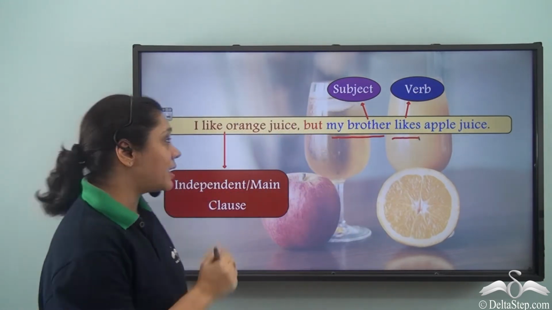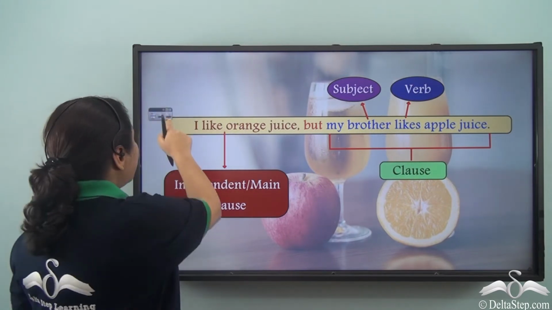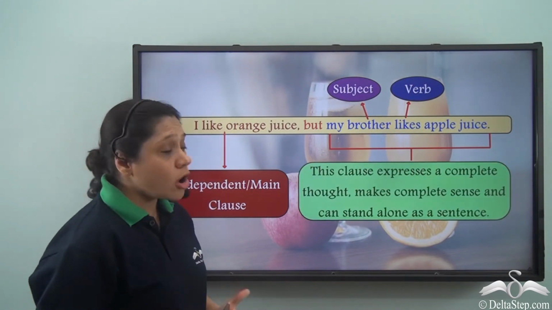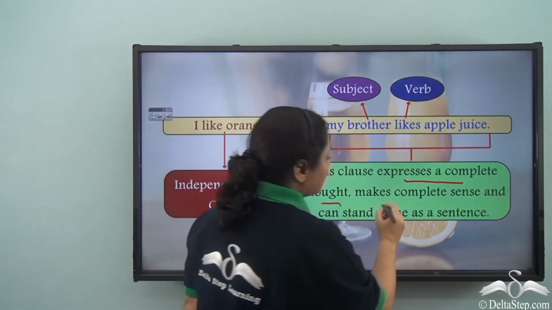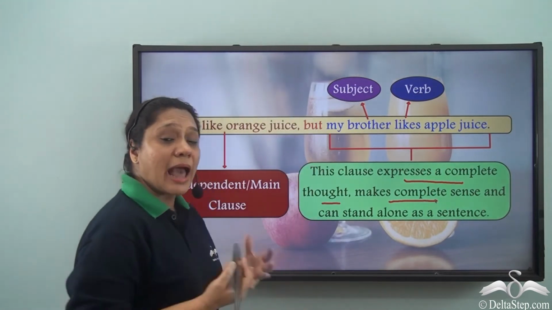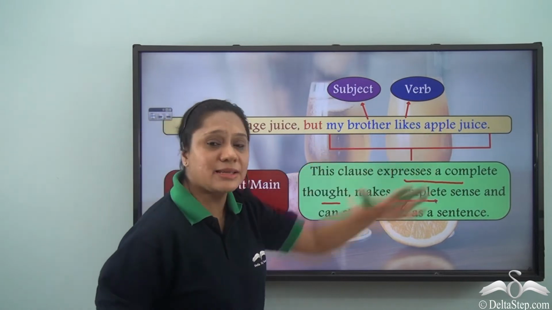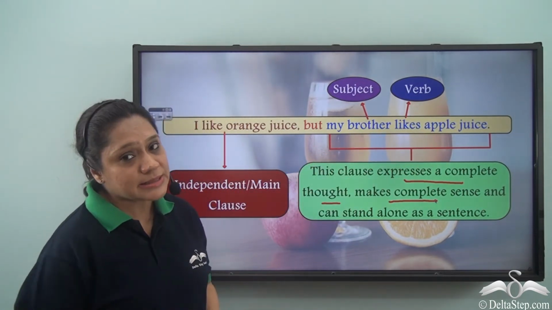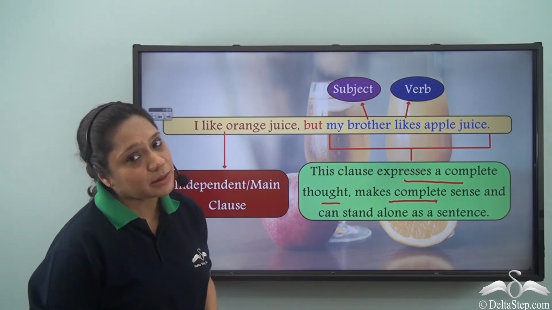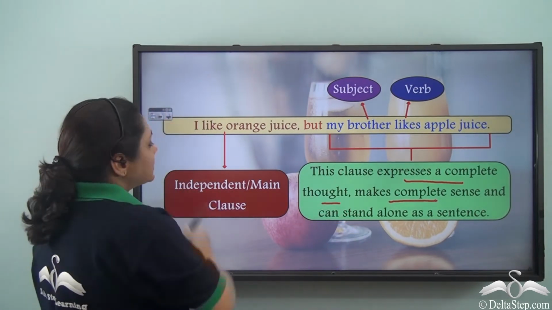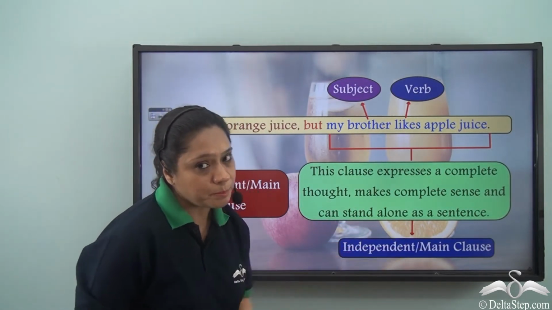So this group of words is also a clause, and this clause also expresses complete thought, it makes complete sense and can stand alone as a sentence. We can always say, my brother likes apple juice. That is a complete sentence. So this clause can also stand alone as a complete sentence. Hence, this clause is also an independent or a main clause.